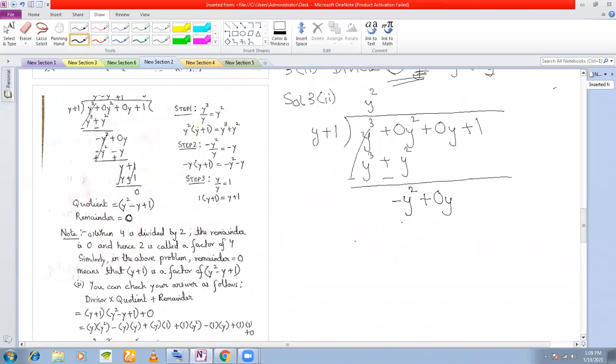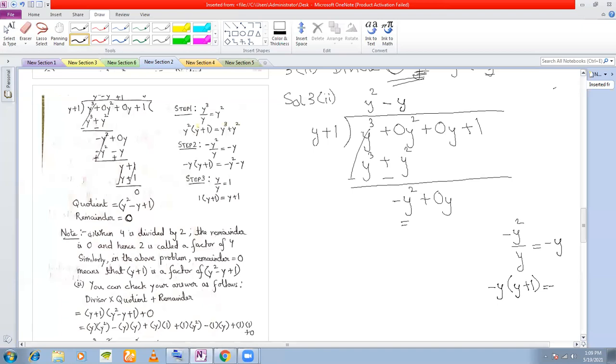Next, what is the leading term here? Minus y square. So you take minus y square, divide it by the leading term of the divisor. How much do you get? You get minus y only. This minus y you write on top. And minus y you multiply by the divisor.